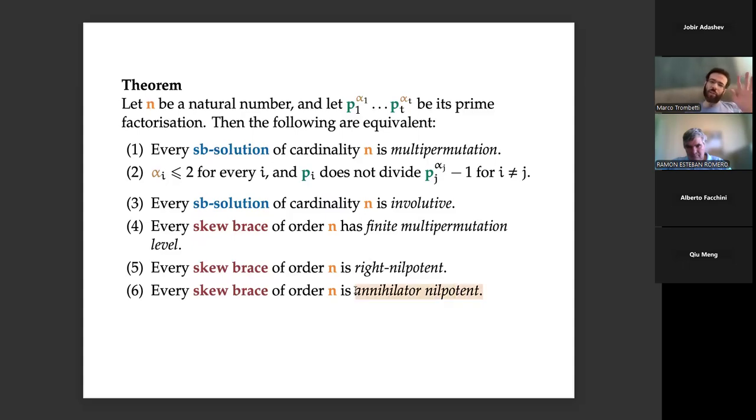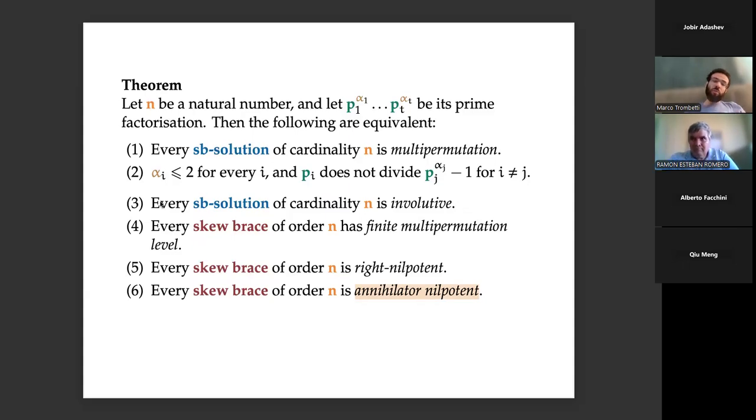Here the notation is not totally standard, because some like to call it annihilator nilpotent, others center nilpotent. I like both. Annihilator can be understood by ring people, but central nilpotency maybe is more understandable by group theory people. So both terms have their pros and cons. But you also get that they satisfy this very strong condition.